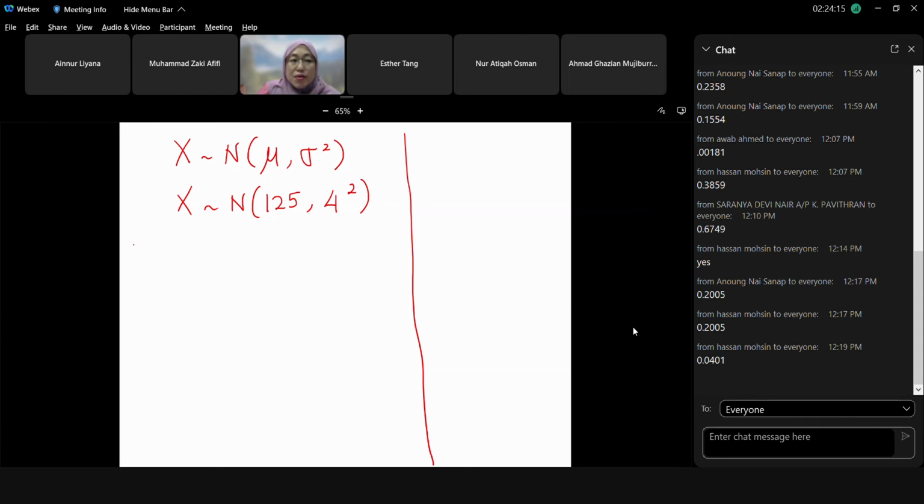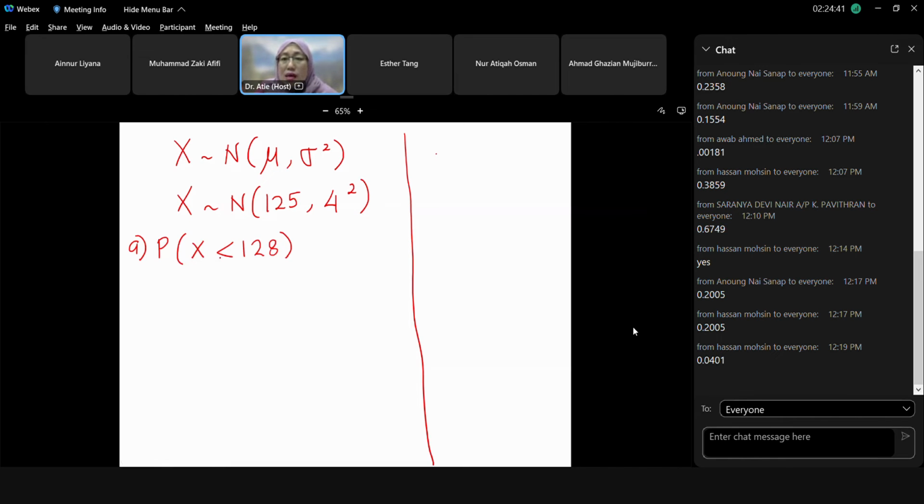Is everybody okay? Then we can start answering question A. What is the probability of X less than 128? You don't have to worry whether it has an equal sign here or not. The process will be the same as in our previous examples.